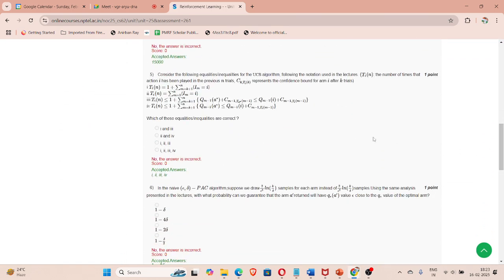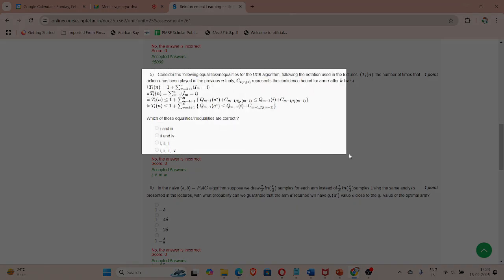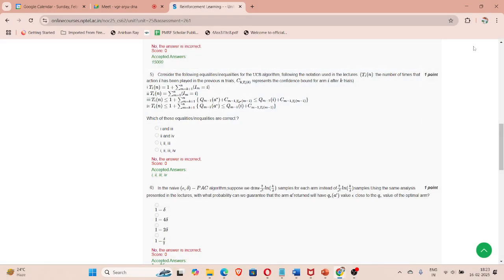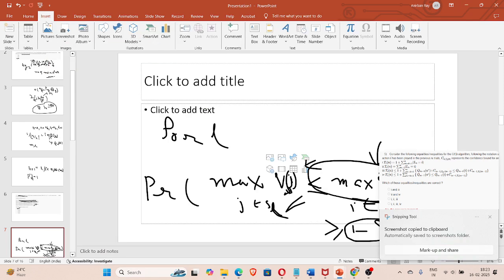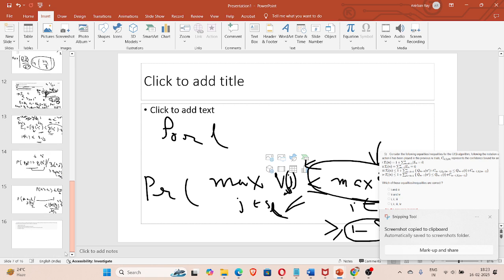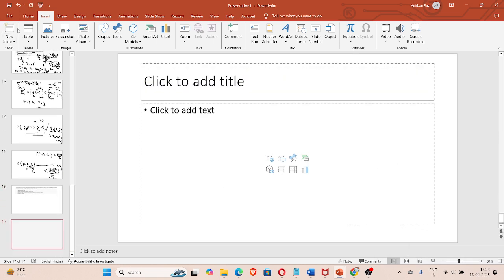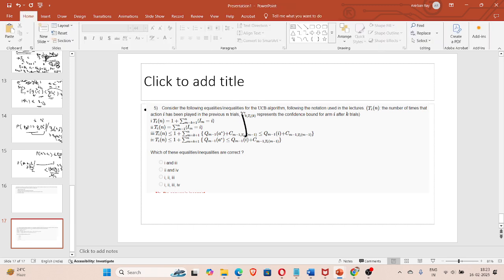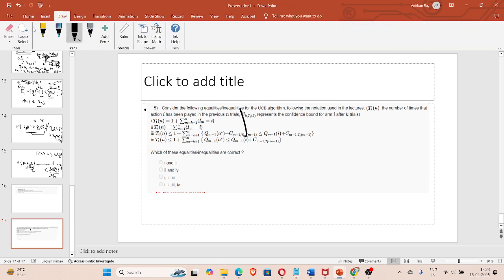Yes, so some inequalities for UCB algorithms are there. So this is the question we have.